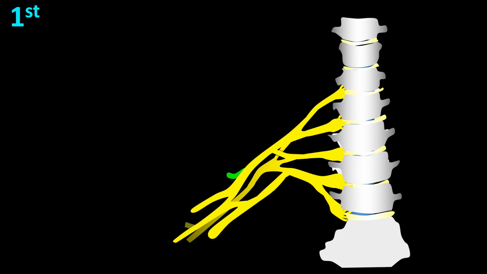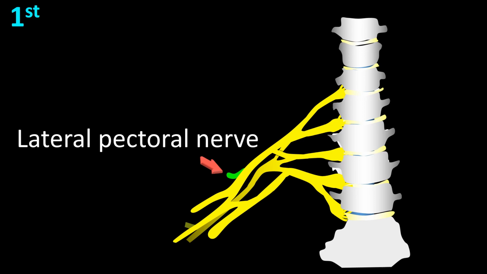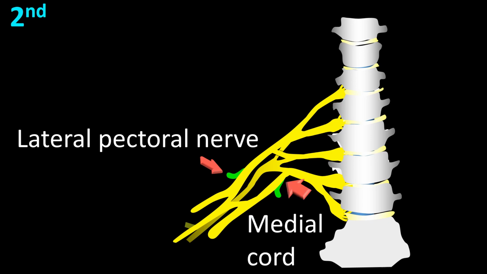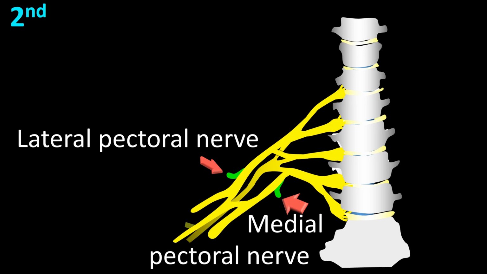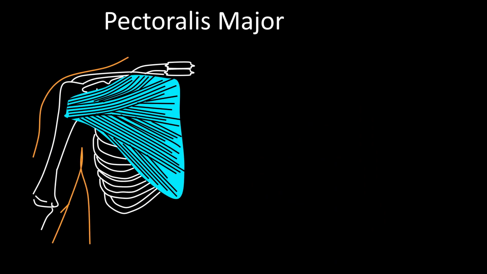The first of these 7 nerves arises from the lateral cord, and it is called the lateral pectoral nerve. The second one arises from the medial cord, and it is called the medial pectoral nerve.